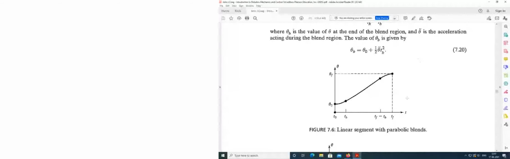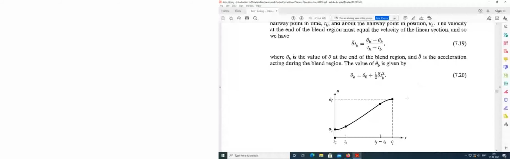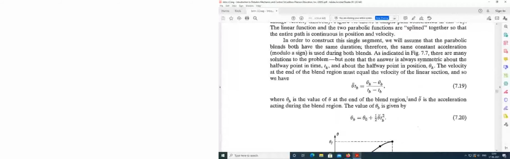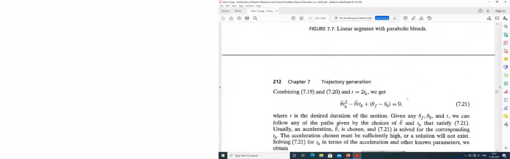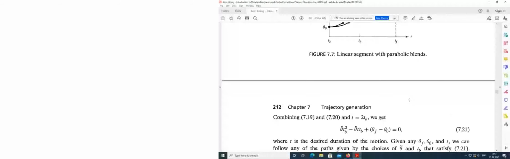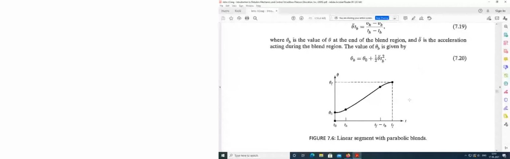Once again we'll see what constraints are available. What about the condition at this point? One is, at this point theta should be equal to theta naught. So what about the velocity at this point? Can anyone say?